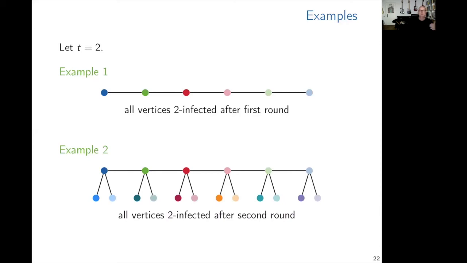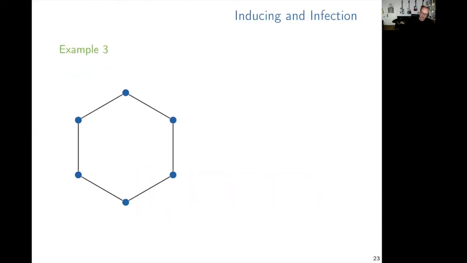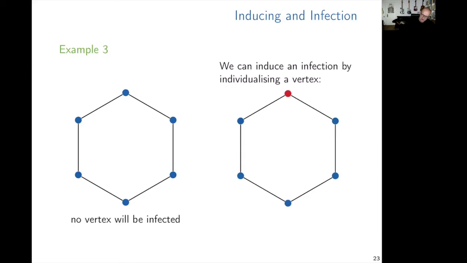Okay, and we play this for as long as we can. Here we have a graph, a cycle of length 6, where nothing happens. Color refinement will do nothing because all vertices have 2 neighbors, so 2 blue neighbors, so nothing happens. And so there are no color classes of size at most 2, so basically no vertex will be infected here. Now what we can do is we can induce an infection.